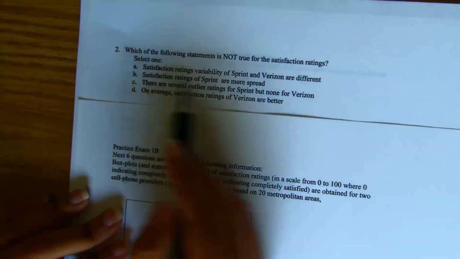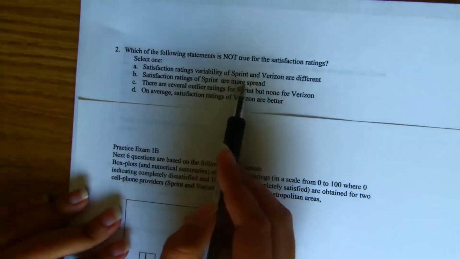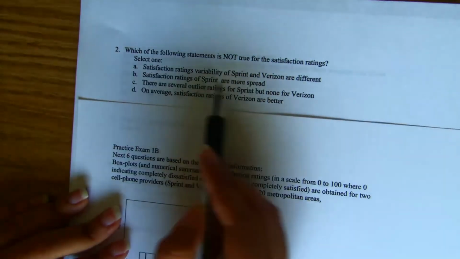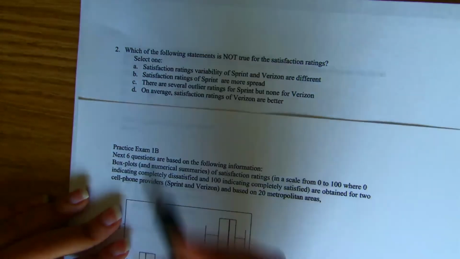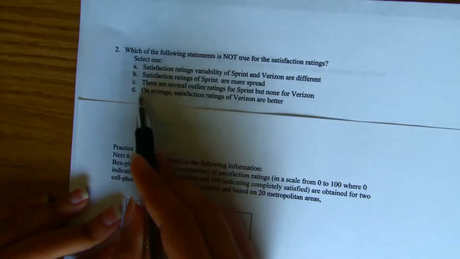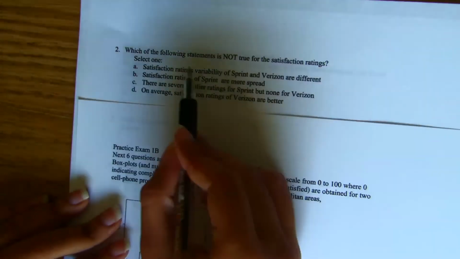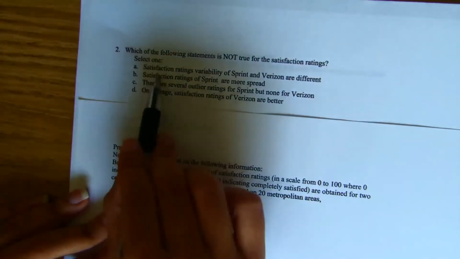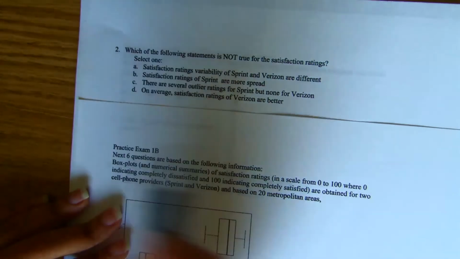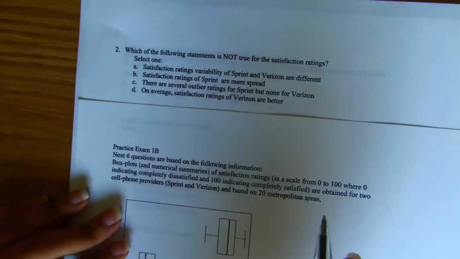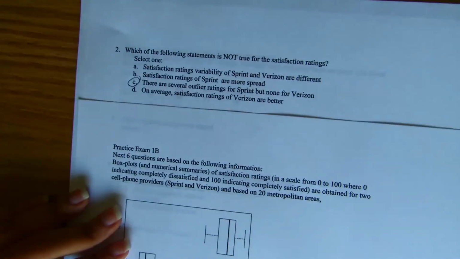If you calculate the spread, the way that you can calculate spread is IQR, you're going to see it's the same for both of them. If you were to test all of these out, you're going to see that all of these are true. But the one that's not true is C. There are outlier ratings for Verizon.